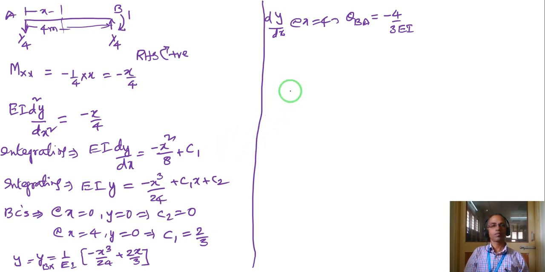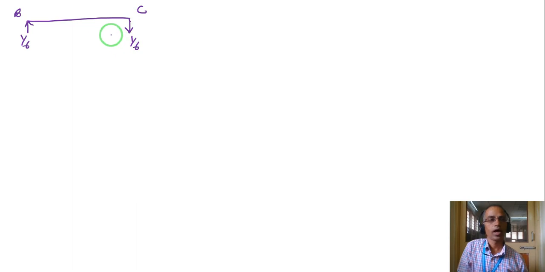Now taking a portion BC, let us go to portion BC. Portion BC, I have RBC upward, this is 1 by 6, and RCB is negative 1 by 6, that means 1 by 6 downward, and the length is 6 meter, span length.